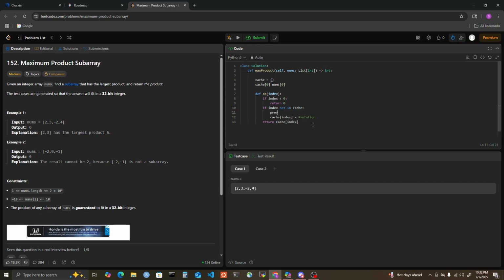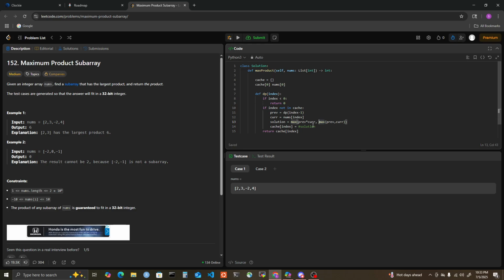I'm going to say previous equals dp of index minus 1. Current equals nums of index. Solution equals max of previous times current, or max of previous and current.